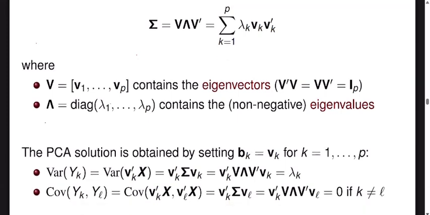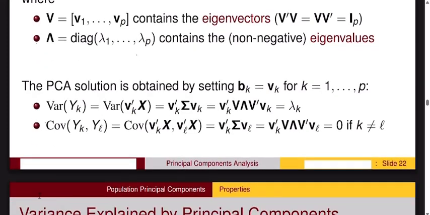Now, what solution are we seeking? We believe that the variance of a particular principal component is going to be lambda k, which means the variance of the first principal component will be lambda 1, the variance of the second principal component will be lambda 2, and so on.